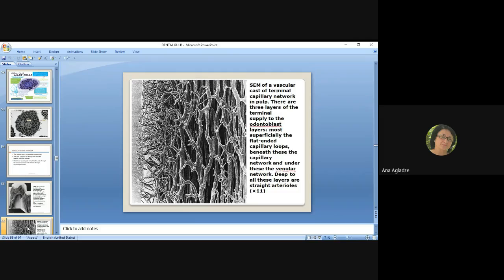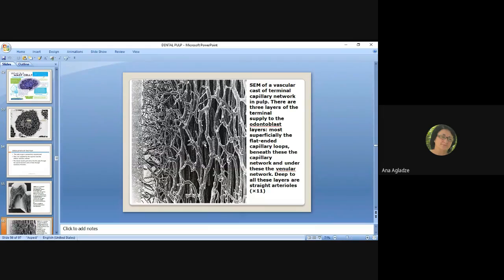There are three layers of terminal supply to the odontoblast layer. Most superficially, you can see the flat-ended capillary loops. Beneath this is the capillary network, and under it you can see the venular network.